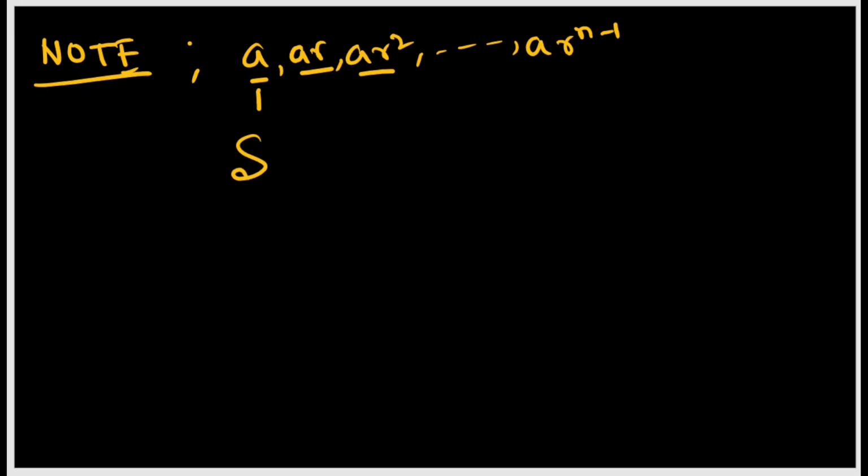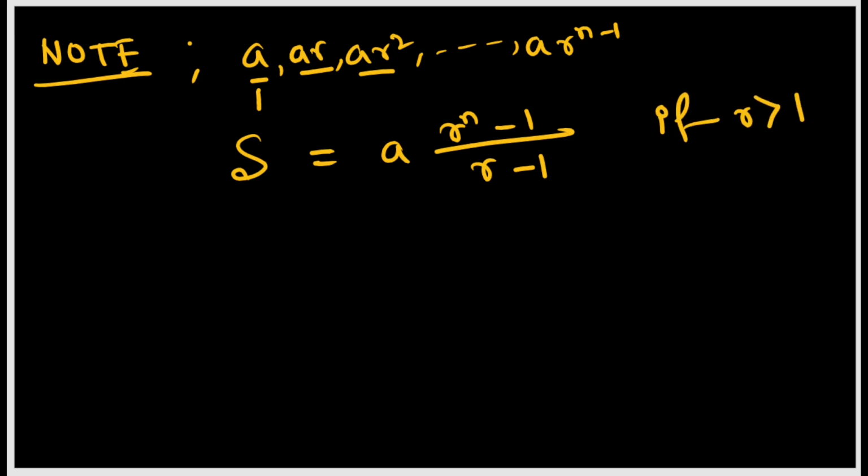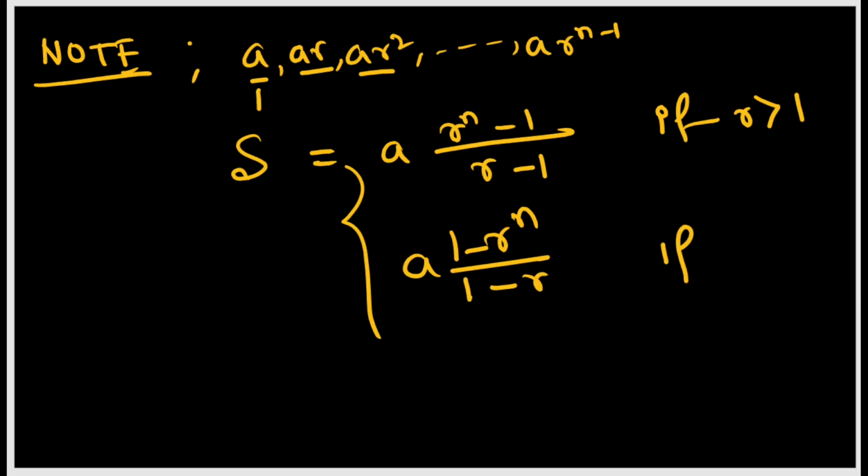Then the sum S is a(r^n - 1)/(r - 1) if r is greater than 1, and a(1 - r^n)/(1 - r) if r is less than 1. So depending on r, the GP sum has two forms: the first if r is greater than 1, the second if r is less than 1.